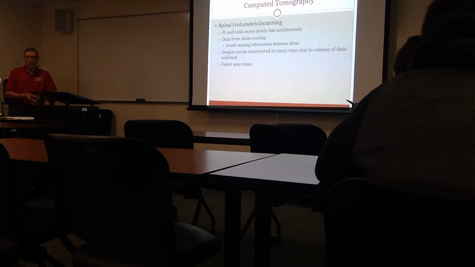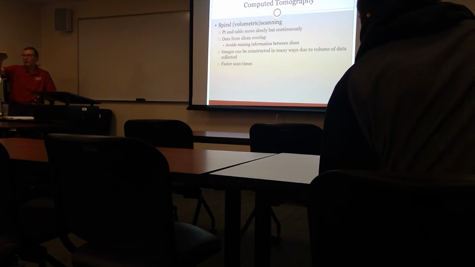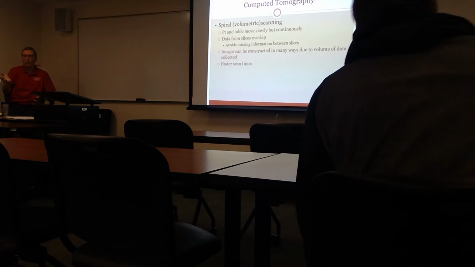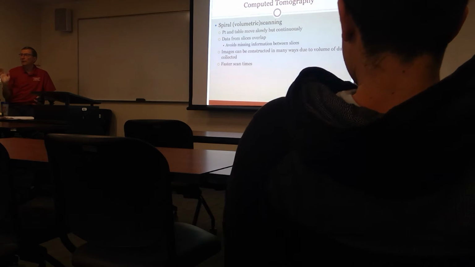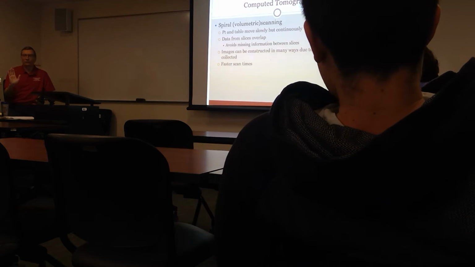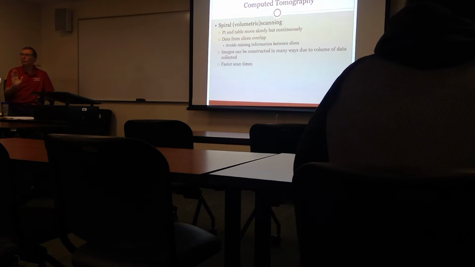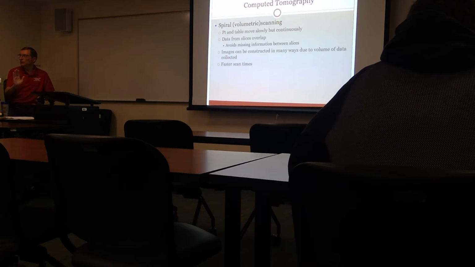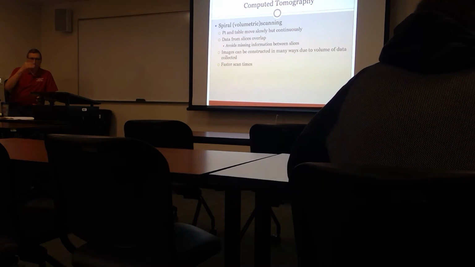And the old CTs would go slice, stop, slice, stop, slice, stop. They moved the patient through because the image receptors stayed in the same place. So if you ever saw a patient on one of those, the little electronic gurney would go, move forward a little bit, stop, do the image, move forward a little bit more, do the image. The problem with that is you have the possibility to lose images between the slices.